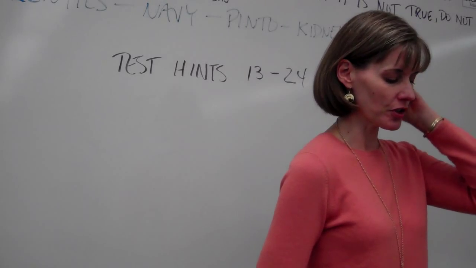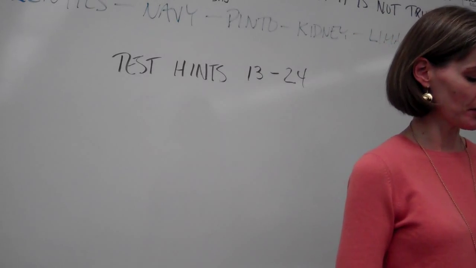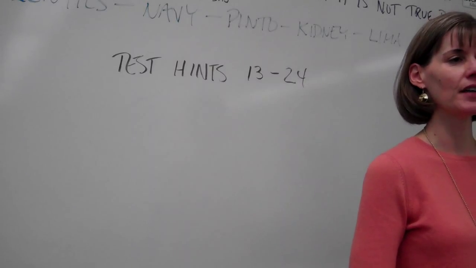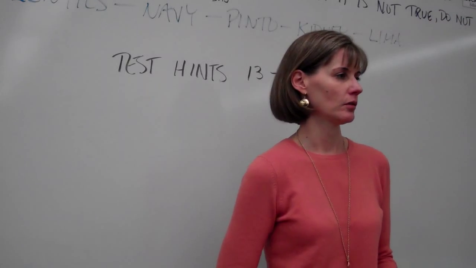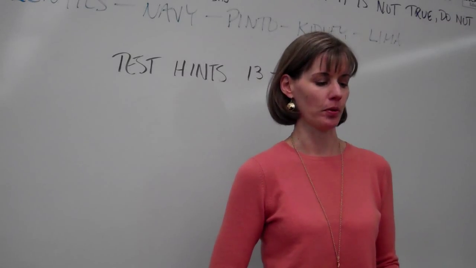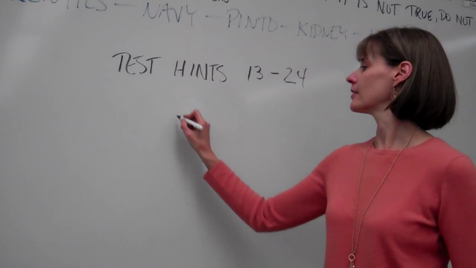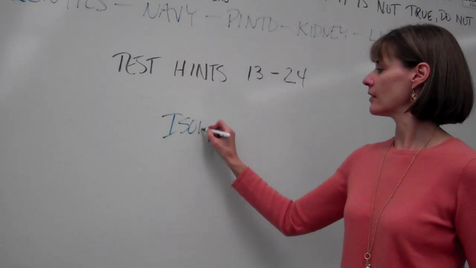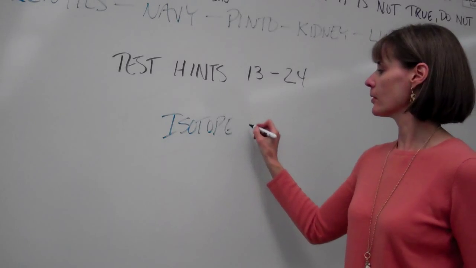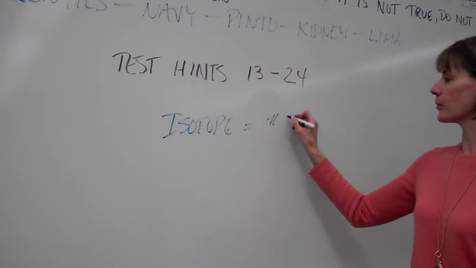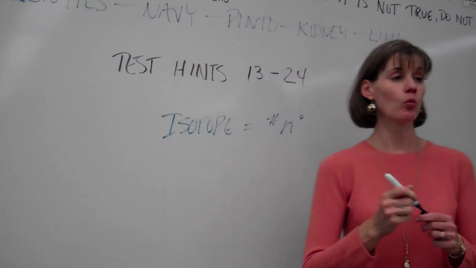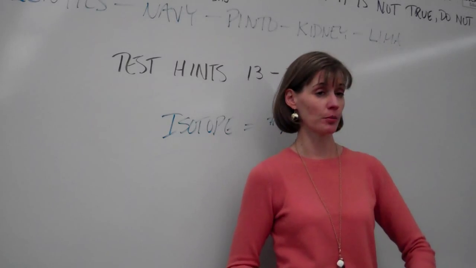Alrighty, number 13. The test hint says, define isotope. What is an isotope? An isotope has a greater number of neutrons. Okay. What if it has a smaller number of neutrons?